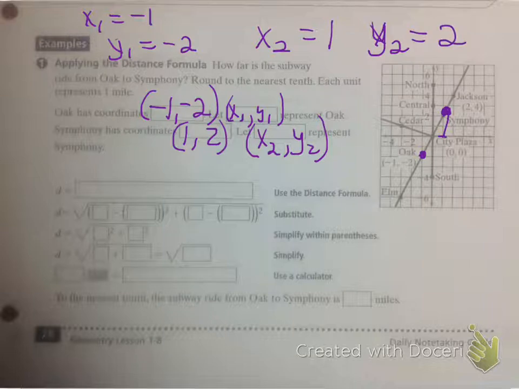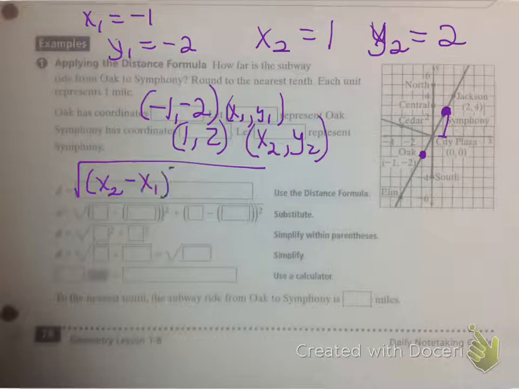I'm going to rewrite the distance formula to find the distance between Oak and Symphony: the square root of x sub 2 minus x sub 1 squared plus y sub 2 minus y sub 1 squared.